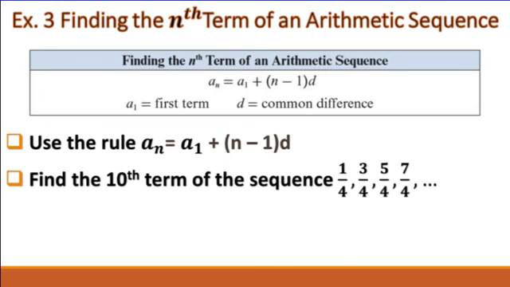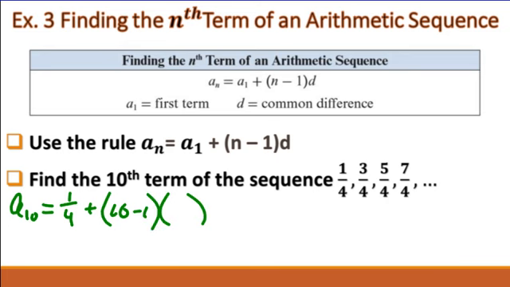And let's find the 10th term in this sequence. First term is 1/4. Trying to find the 10th term. The common difference, 3/4 minus 1/4 equals 2/4 or half.